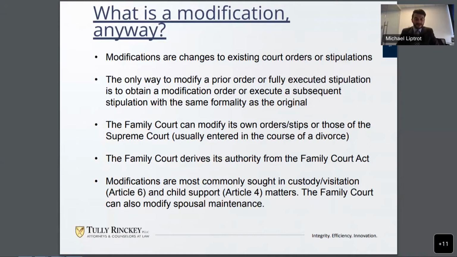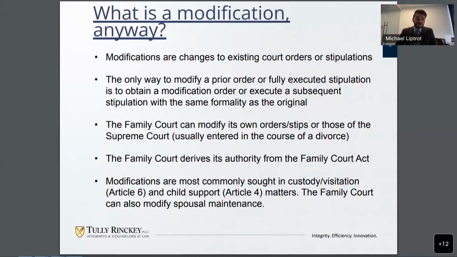But you cannot just have a verbal agreement or conduct yourself, circumstances change and you're getting along with the other parent and you agree to a certain arrangement that is deviating from your order. Just that alone is not a modification that's going to be upheld.